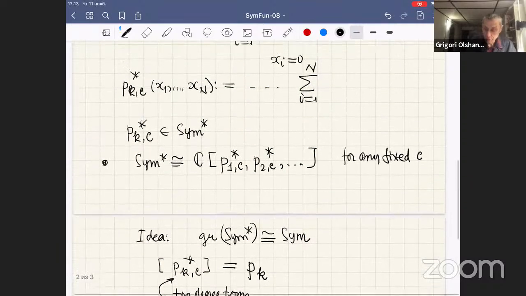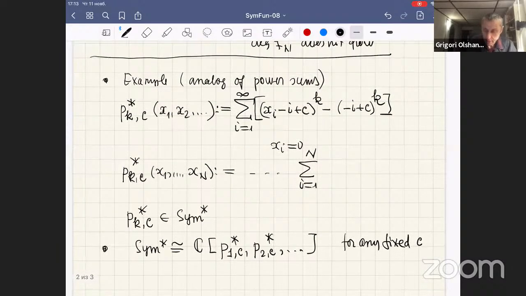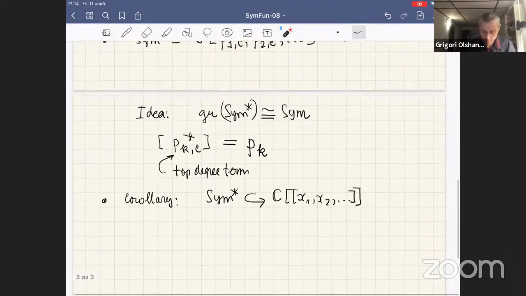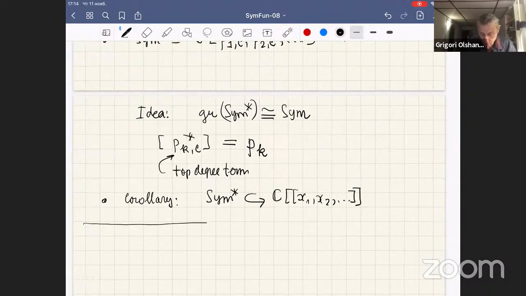This is because these elements can be viewed as correctly defined formal power series, and this is because the constant term here does not accumulate. It is equal to 0 simply. Okay. Is it correct? Yes, I think it's correct. This seems a little bit strange, but it seems to be correct. What next?